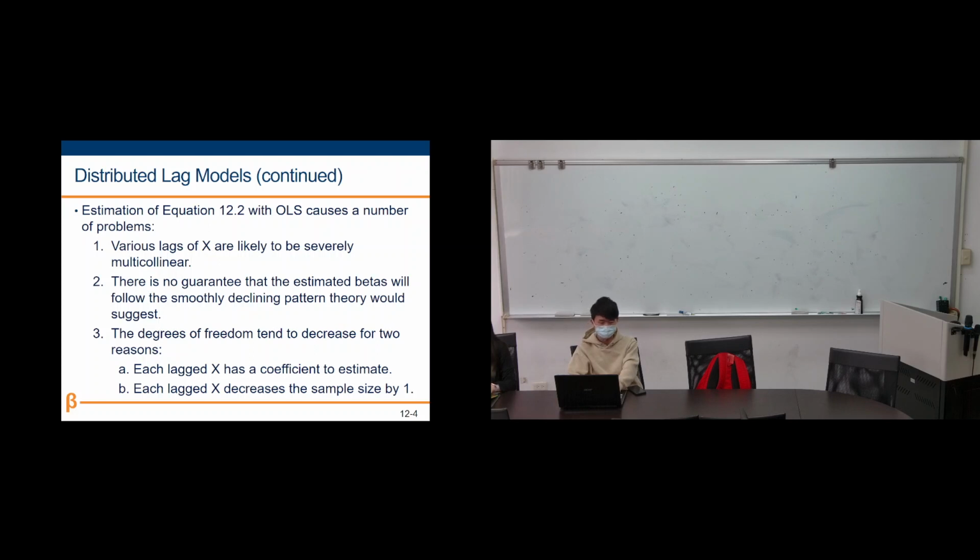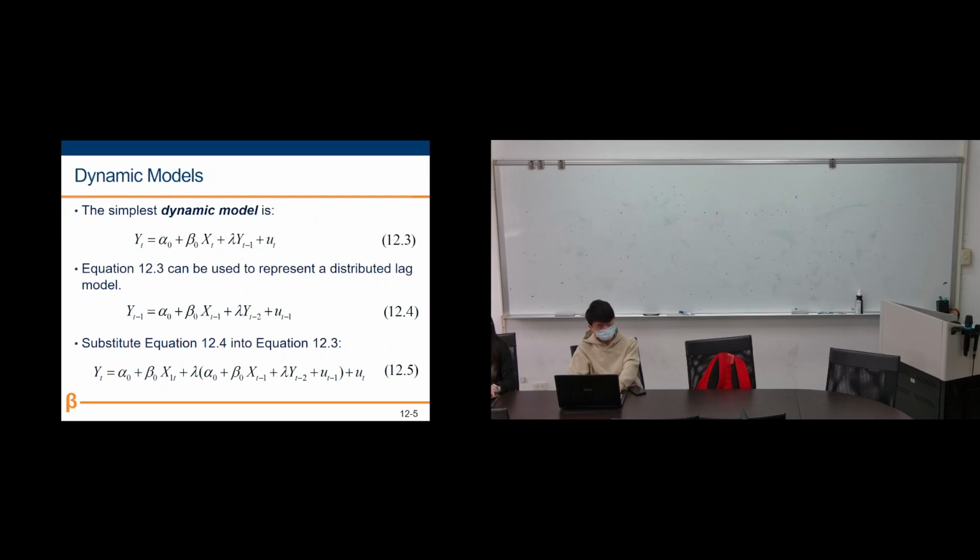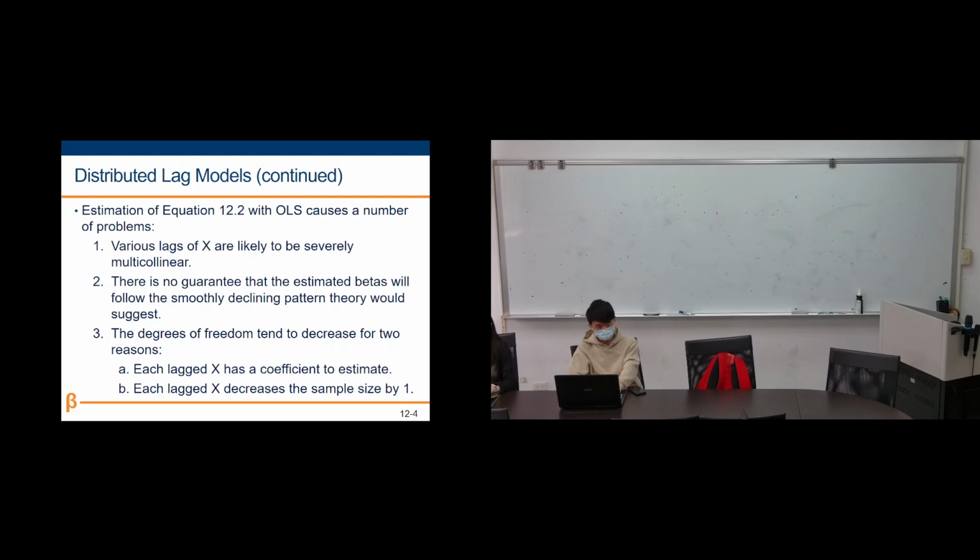So the degrees of freedom tend to decrease for two reasons: each lag x has a coefficient to estimate, and each lag x decreases the sample size by 1. This is what these two explain. Anything else? All right, so this is what we introduced for the distributed lag model. Understand it?